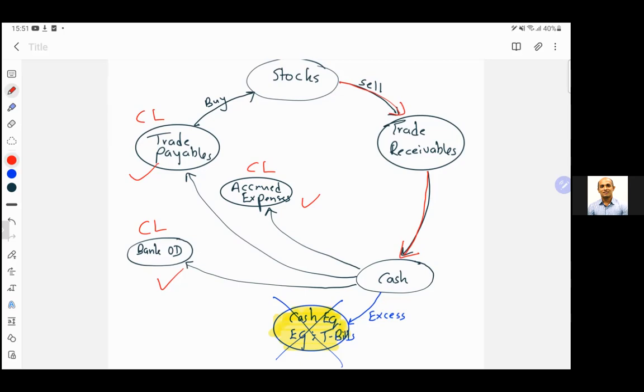Now, you see, in your day-to-day operations, you sell stocks, then receive cash from customers. Using these cash receipts, you can pay your current liabilities. These cash equivalents are not available to pay your current liabilities because they have been kept as securities for your borrowings.